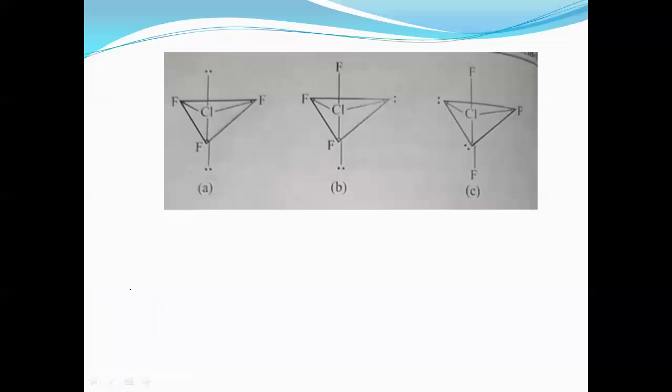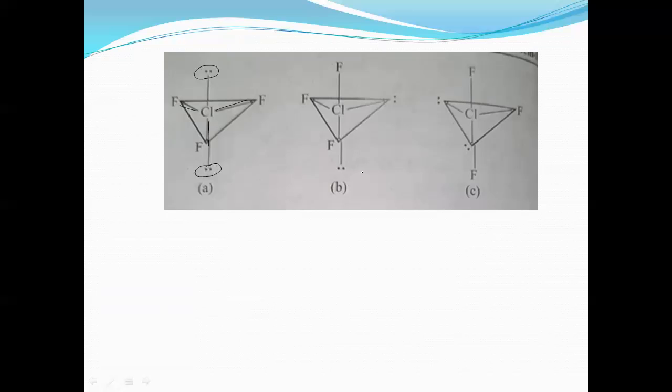These are the axial positions, and these 3 are the equatorial positions. If the 3 fluorine atoms are placed at equatorial positions, in the plane of the triangle, the 2 lone pairs are placed at the axial positions.